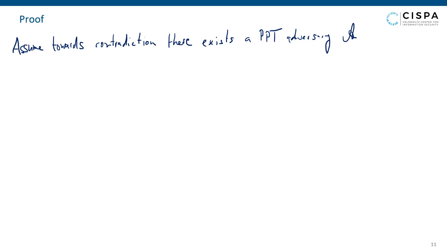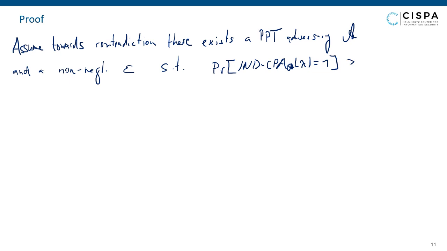So there exists a PPT adversary A and a non-negligible epsilon such that the probability that our adversary A wins the IND-CPA experiment is greater or equal 1/2 plus epsilon. Now, of course, we will have to show that this leads to a contradiction against the DDH assumption.